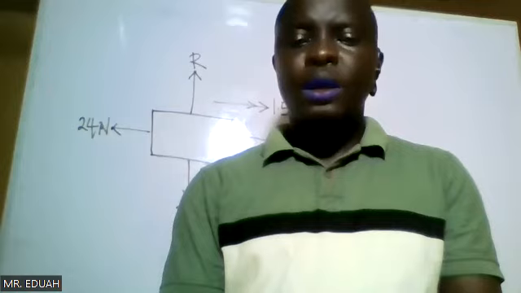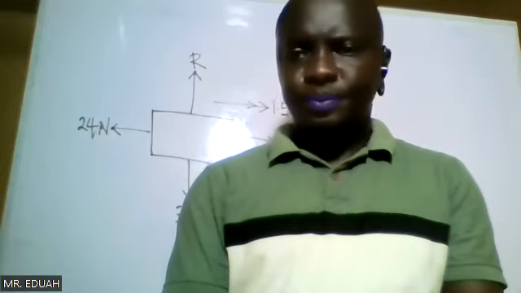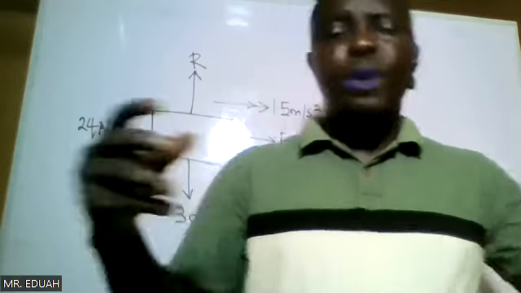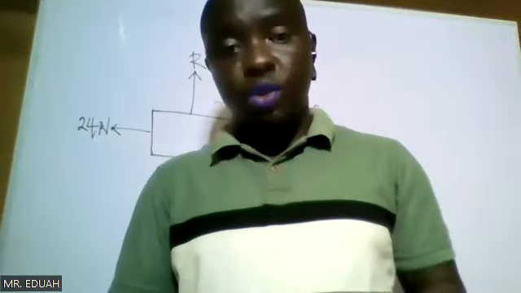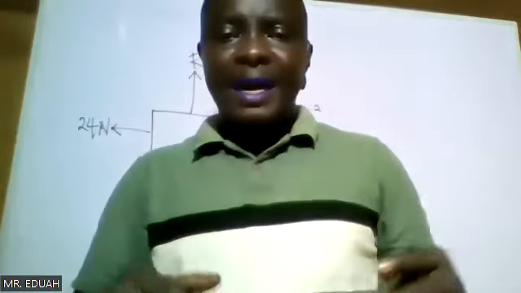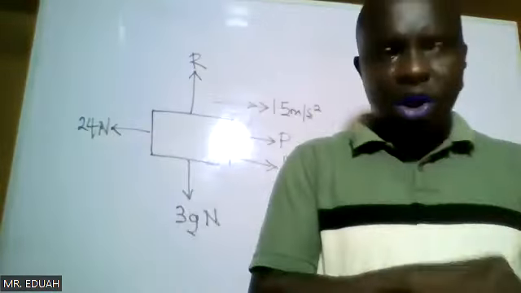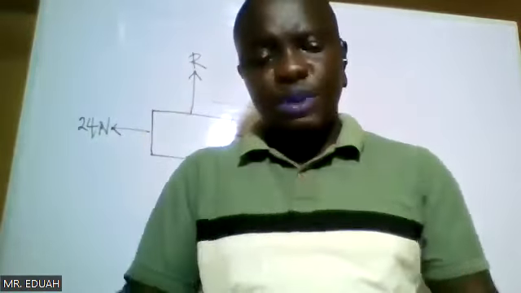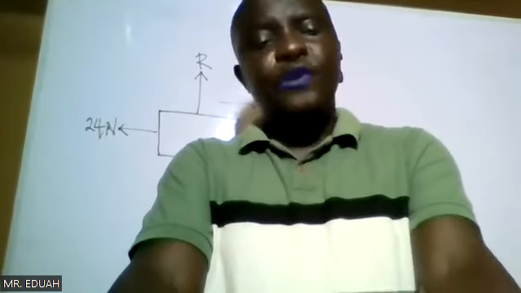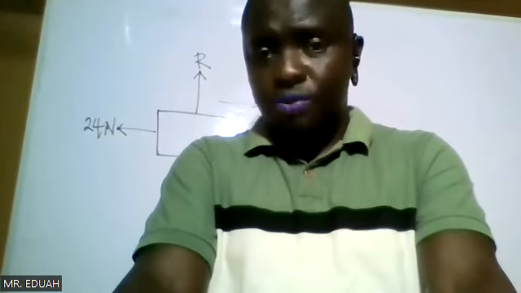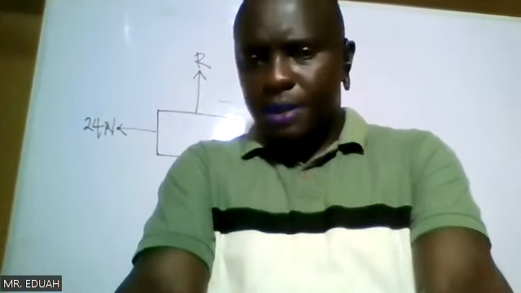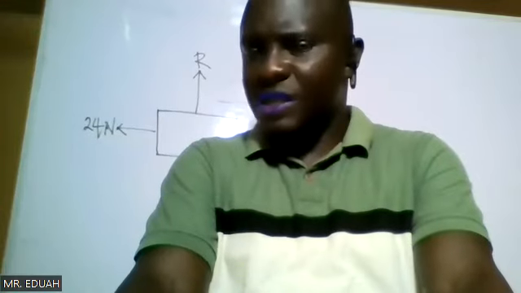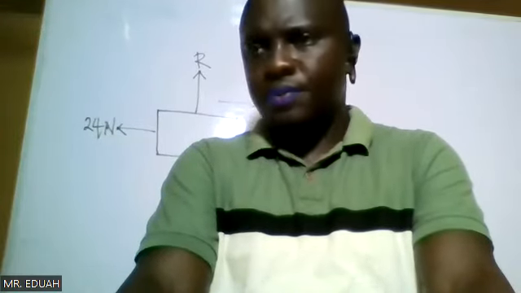Now, if a body is at rest or in motion with a constant velocity, it means that the net force acting on it is zero. The net force is zero, acceleration is zero.